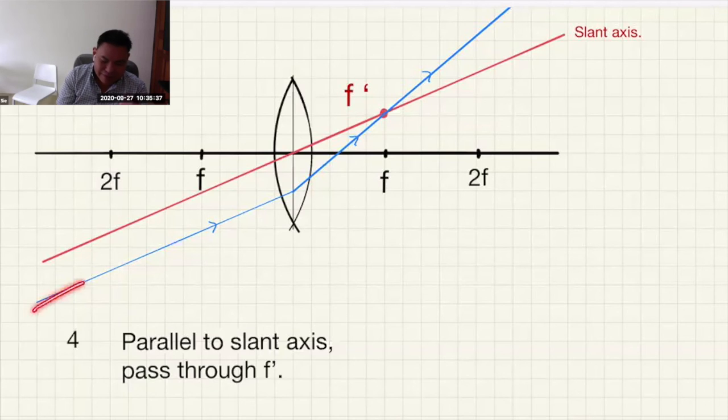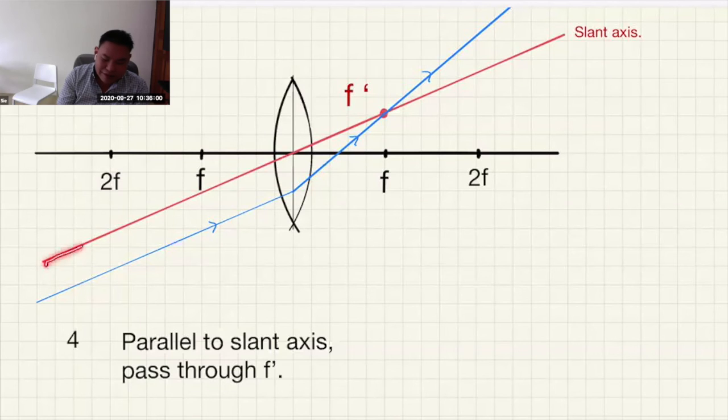Like this one. I draw an example here. There's a light passing through the lens. It's not passing through center of lens. It's not parallel to the principal axis, and it's not passing through focal point. What must you do? Then it's simple.